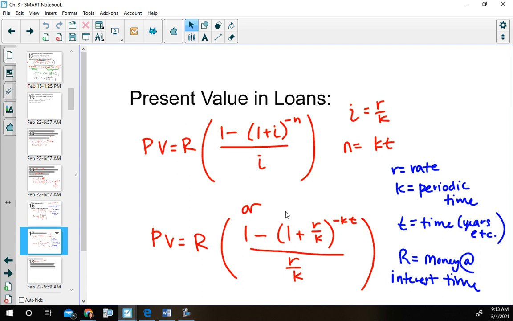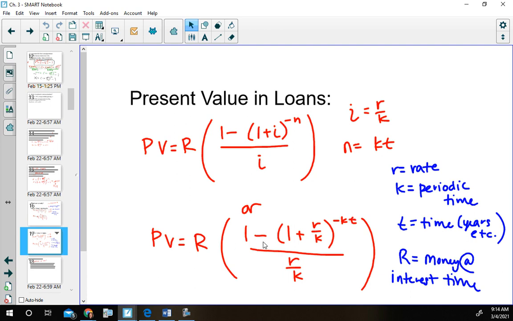If I'm trying to do a loan, I'm paying something off, so it should be getting smaller. So my next one here is the present value. Here's the big equation the book gives. The i in this represents the rate over the periodic time, and the n is the periodic time times time. Those i's will be replaced with the rate over the periodic time, and the n up there is going to be a negative periodic time times time.